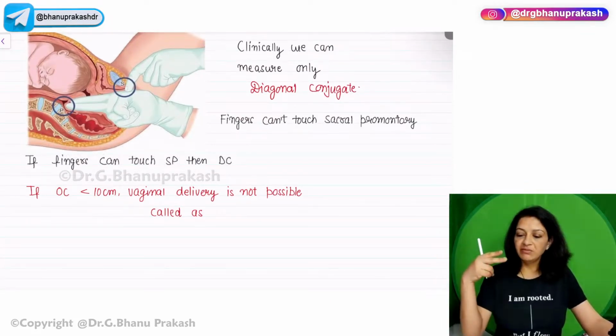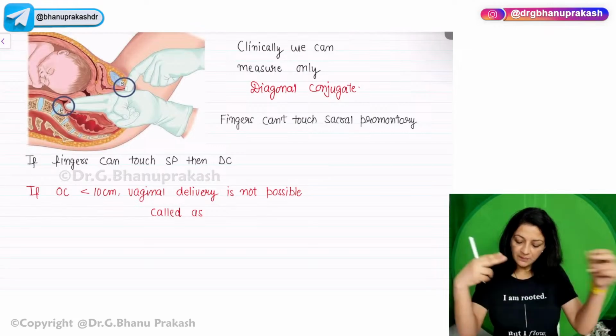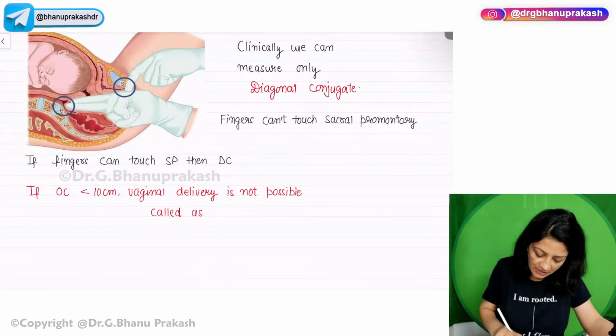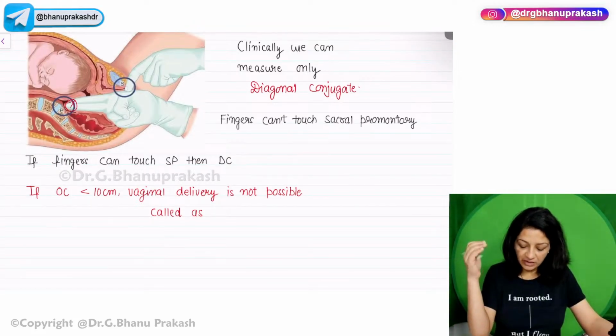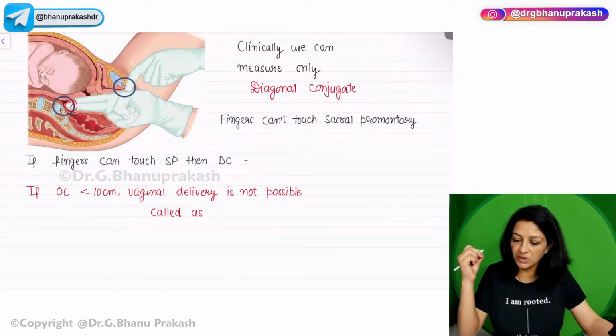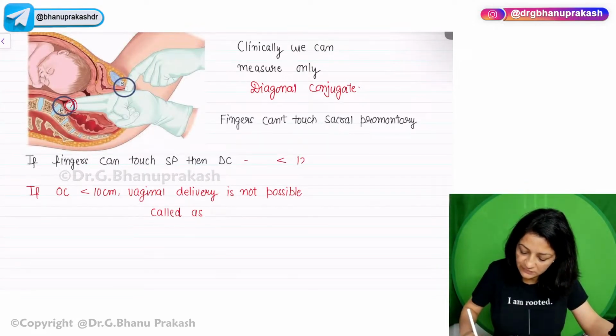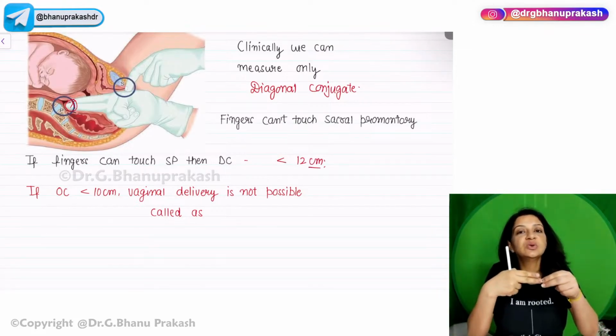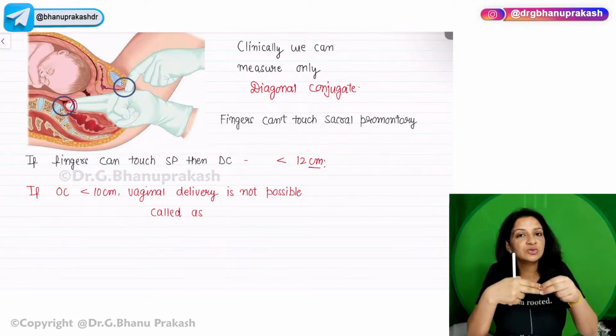So जब भी हम PV examination करेंगे, fingers can't touch sacral promontory. If the fingers can touch, then it means diagonal conjugate is less than 12 centimeter.